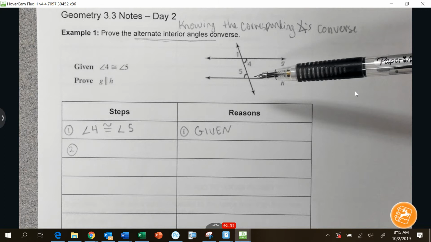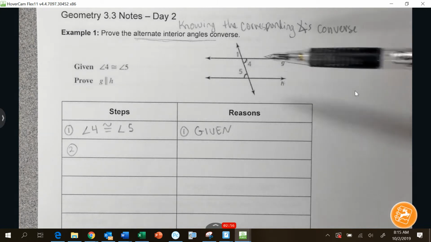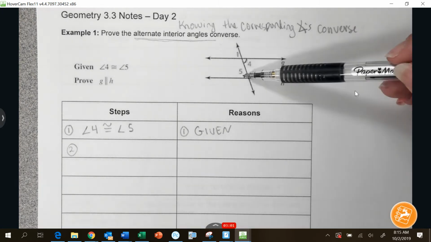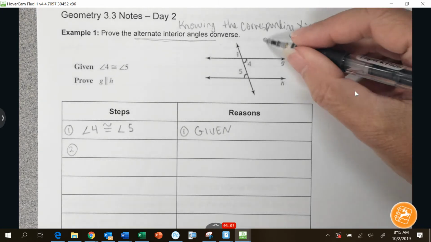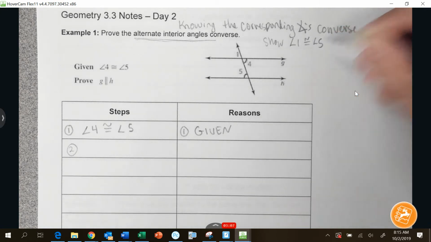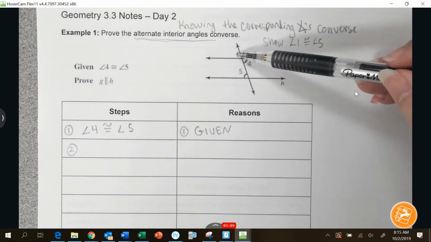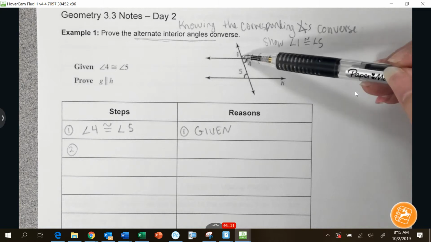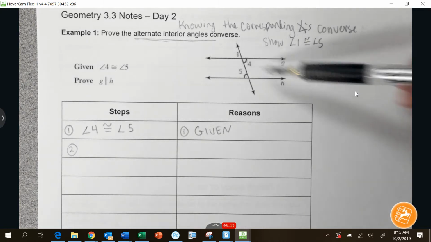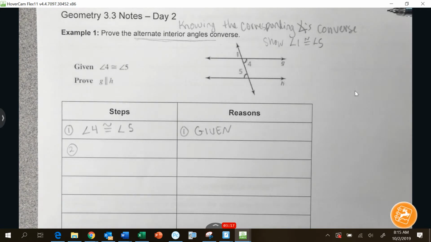That's all it is. Okay, so I'm going to talk about angle 1. I want to show that angle 1 is congruent to angle 5. What do I know about angle 1 right now? Look at your picture. What can we say about angle 1? Lynn, what do you think?